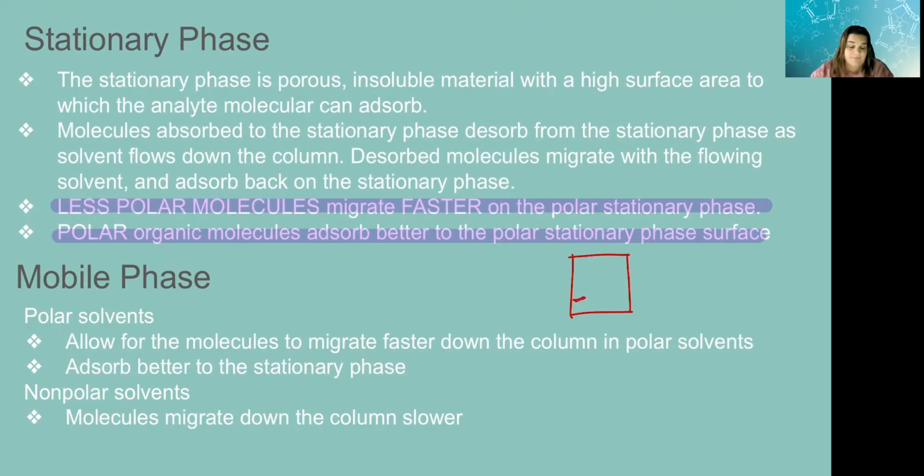We know it's silica. So let's say you put water on this guy. What happens is when you have a polar solvent, your spots are going to travel further up the plate. Okay? So something like water, where you have a polar solvent.